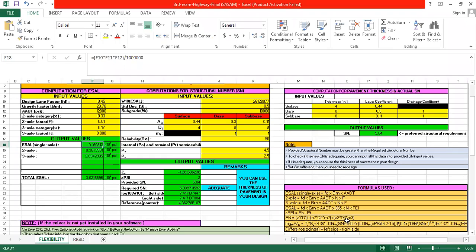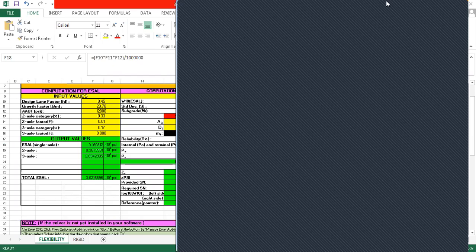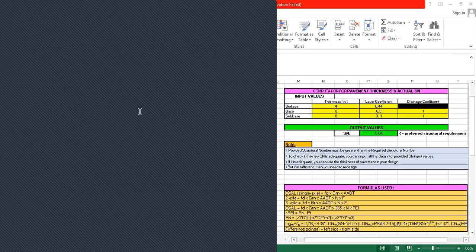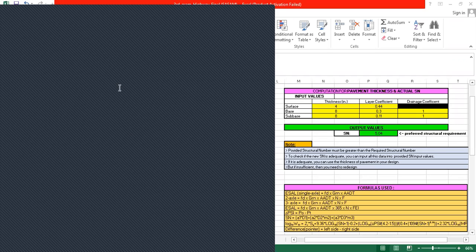So for this one, we have another problem to discuss, which I have here. In this problem, a rigid pavement is to be designed to provide a service life of 20 years and has an initial PSI of 4.4 and a terminal PSI of 2.5.